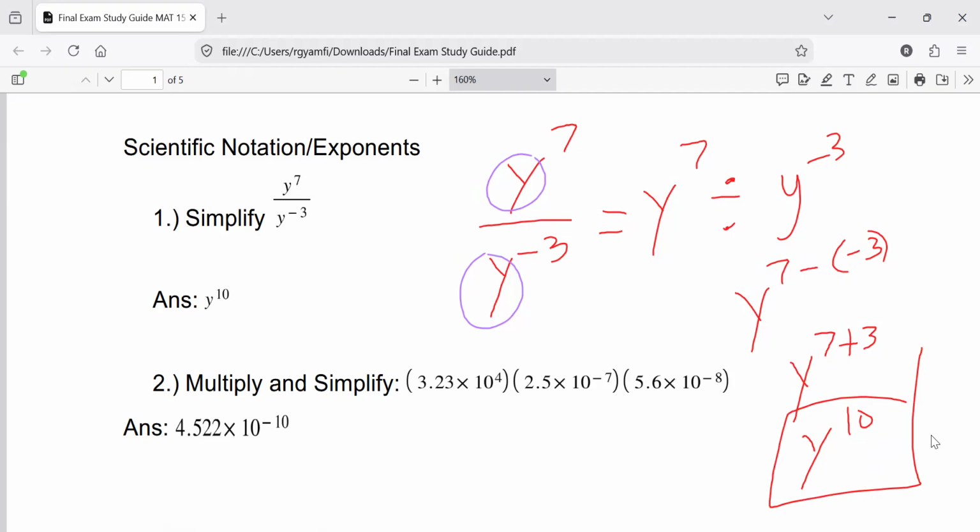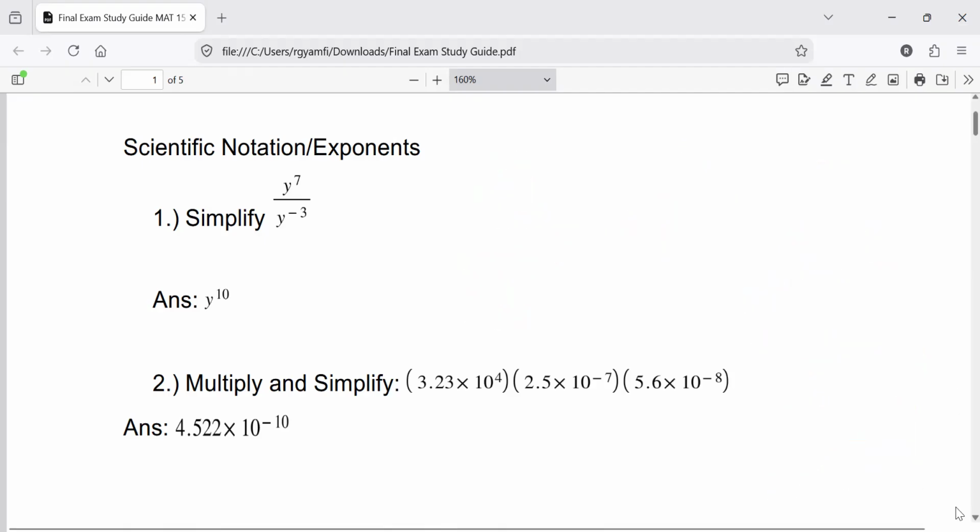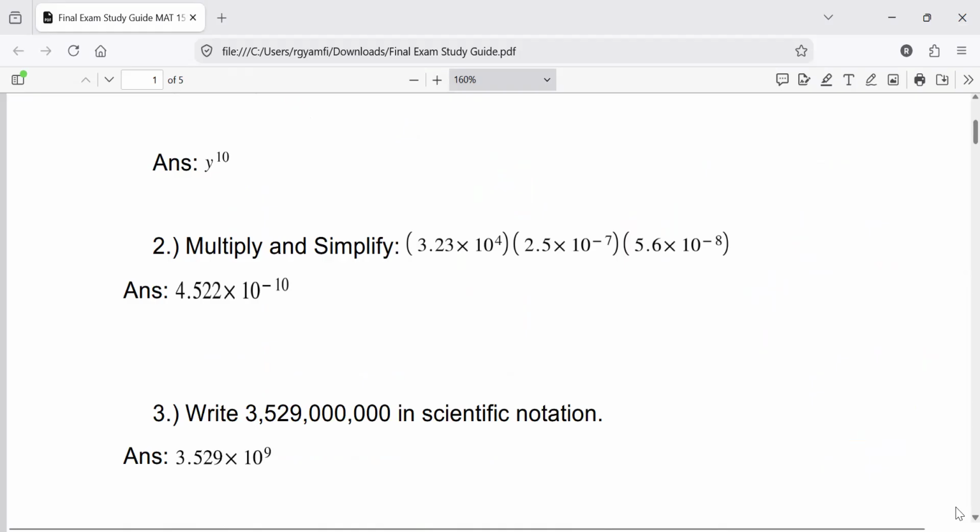Now, in number 2, we are supposed to multiply and simplify. We've got 3.23 times 10 to the power 4, times 2.5 times 10 to the power -7, times 5.6 times 10 to the power -7. In a problem like this, you're going to do some separations, kind of like a like term thing. All these exponents, you're going to try to bring them together.